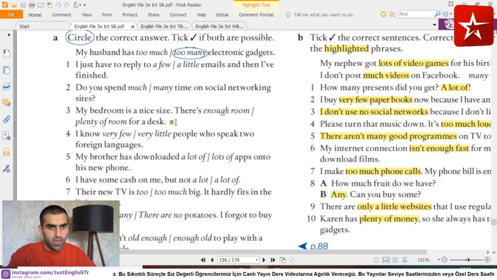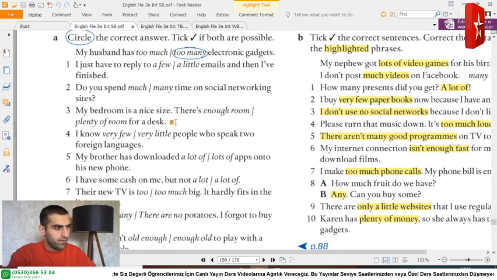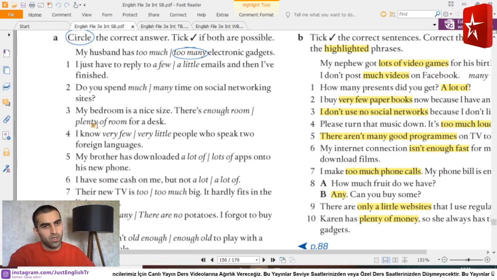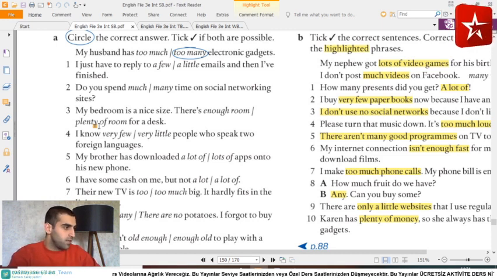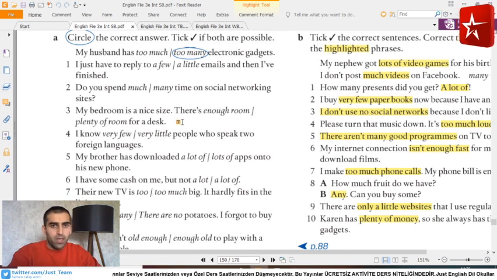Enough room or plenty of room? So as you see, we used enough before room, like before a noun, and also we can use plenty of with room. The answer is actually, NS says enough.